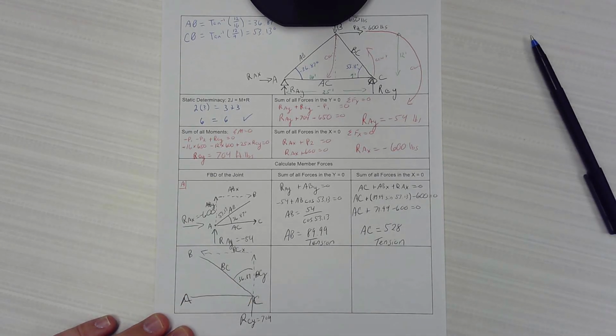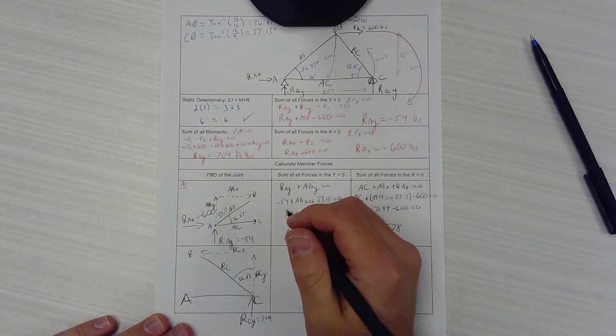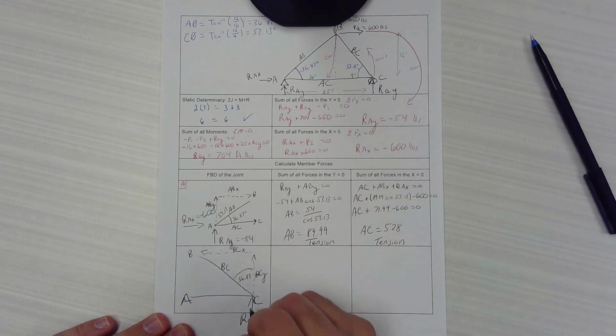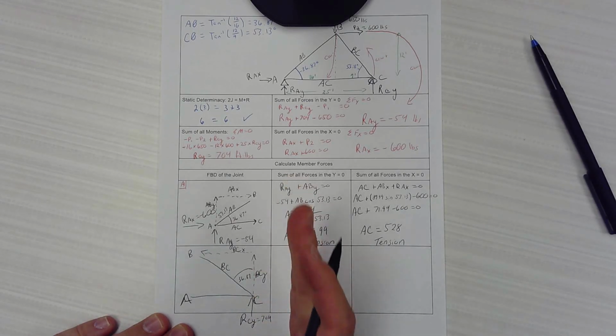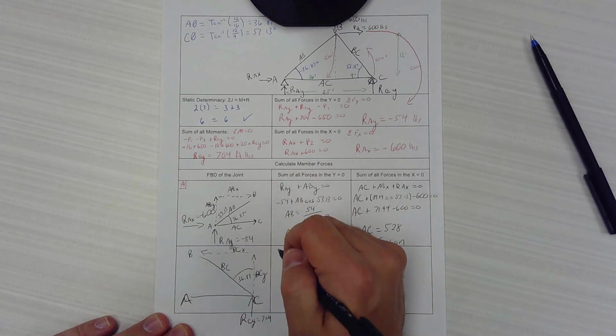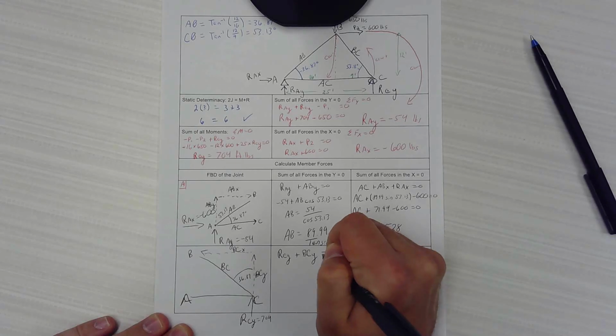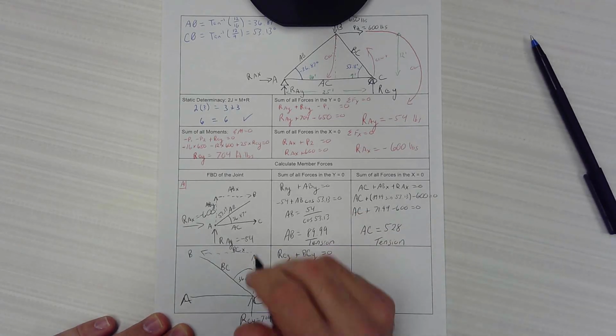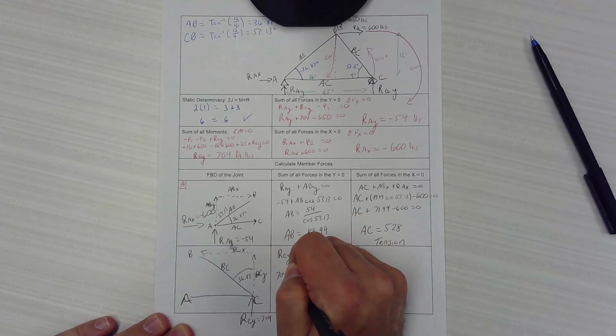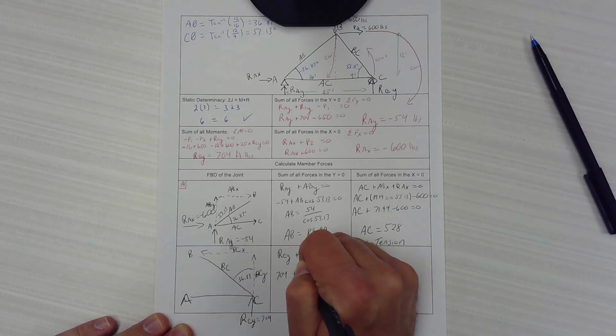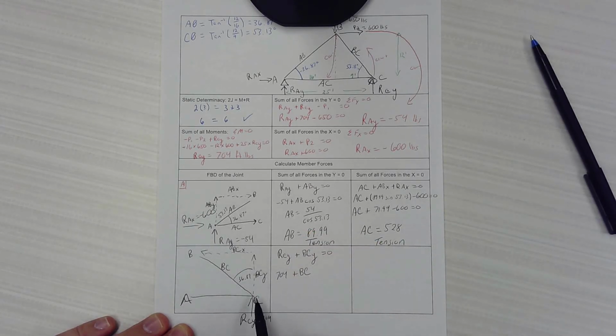And if we look at sum of all forces in the y direction, we can start to address this. So RCY and BCY, those are the only two things I have happening in this y direction right now. List those out. RCY plus BCY equals 0. RCY I know is 704 plus BC, that's the thing I want to solve for, and then we're going to do our cosine application here.